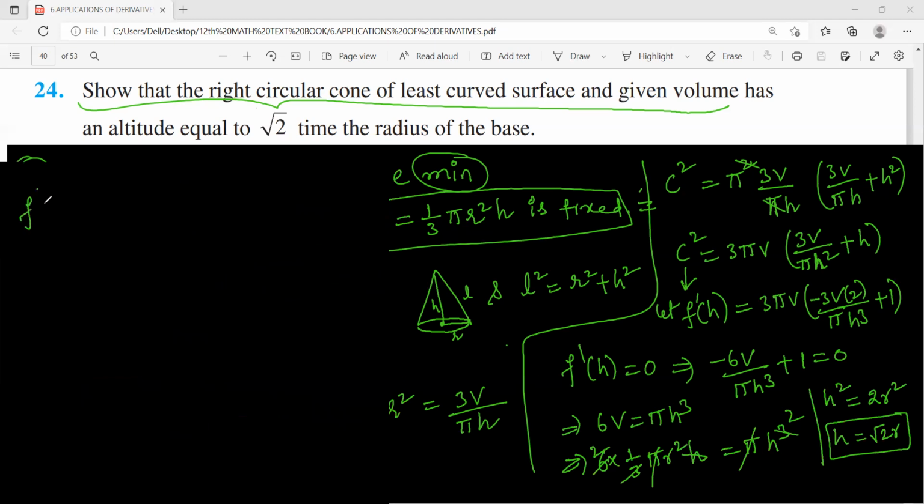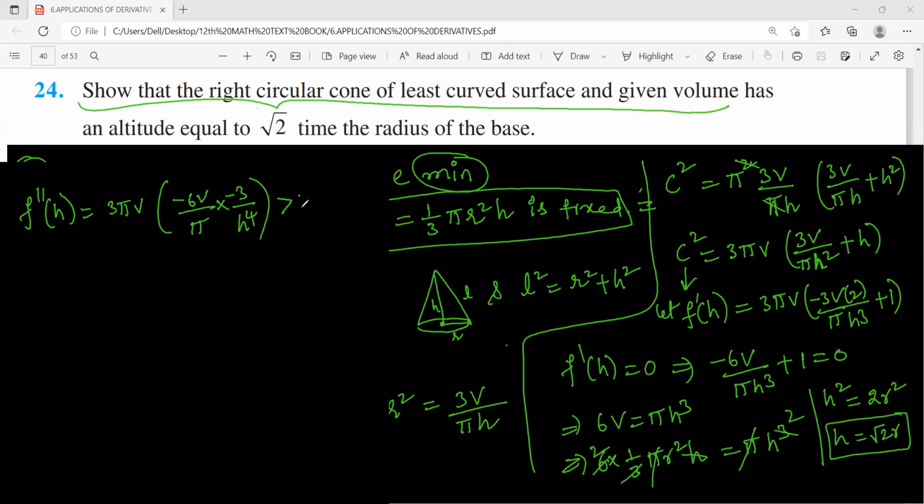Now, f double dash of H is what? 3 pi V, if you keep aside, minus 2 minus 1 by H cube into minus 3 by H power 4. So this is positive.